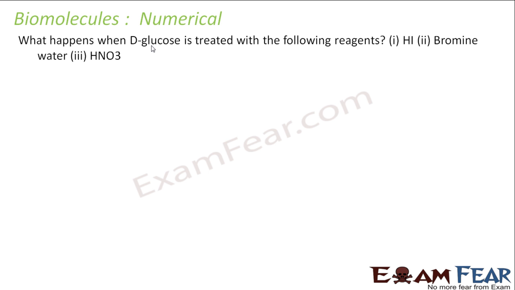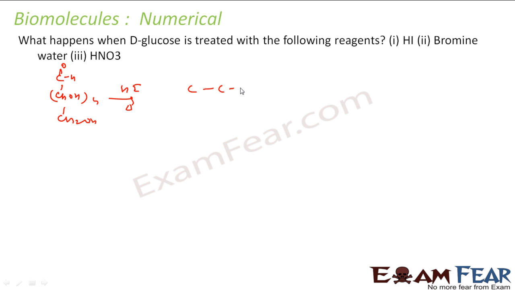What happens when D-glucose is treated with HI? This is interesting. I have a beta D-glucose, and I'm treating this with HI. We have seen this, you get normal hexane, n-hexane. You can put hydrogens.